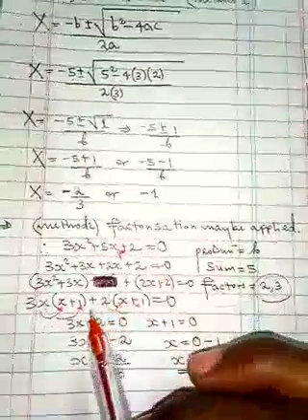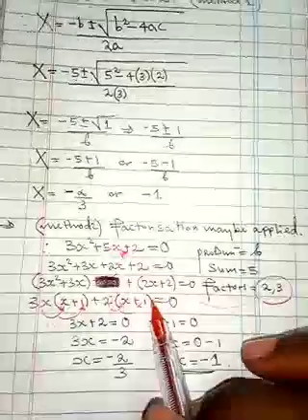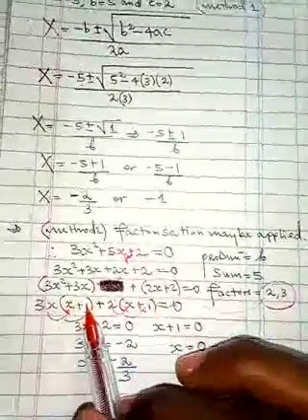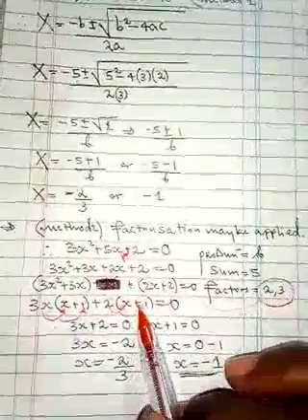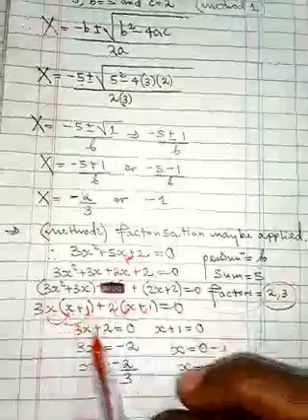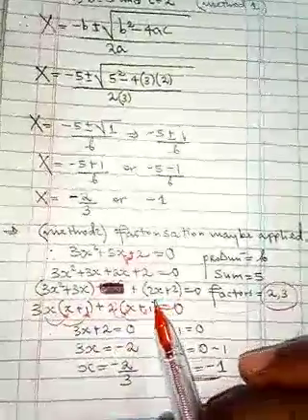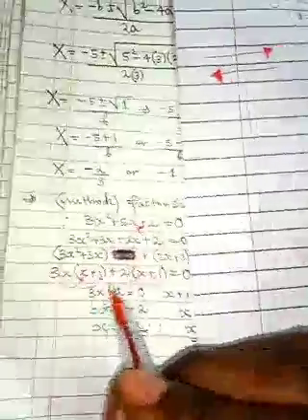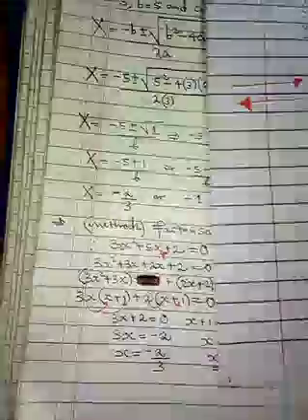So again, you're going to see that the x plus 1 is common here. The 3x is having the x plus 1. The 2 is also having the x plus 1. So we can actually factor out the x plus 1 here as well. If we factor out the x plus 1, of course I never showed it here, and I want to show you how it's going to be.